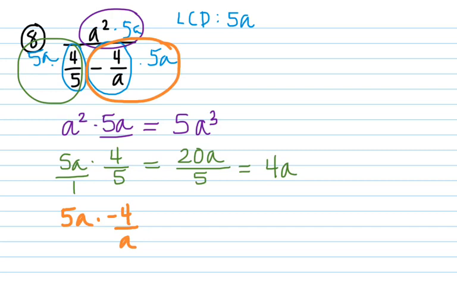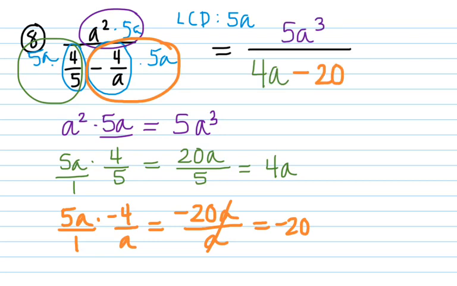In the next one, 5a times negative 4 is negative 20a. And in the denominators, I have a 1 and an a. So just an a. Remember, a divided by a is just 1. So I'm left with negative 20 here. Let's put these back into the original expression. So I have 5a cubed divided by 4a minus 20.